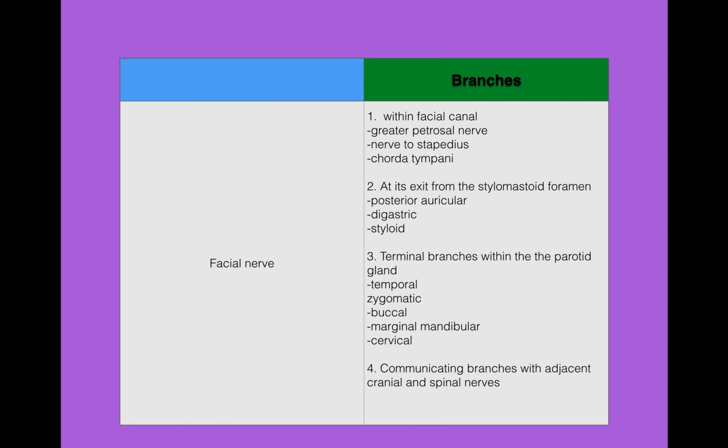And then the terminal branches within the parotid gland are the temporal, the zygomatic, the buccal, the marginal mandibular and the cervical branches. And then there are some communicating branches which communicate with the adjacent cranial and the spinal nerves.